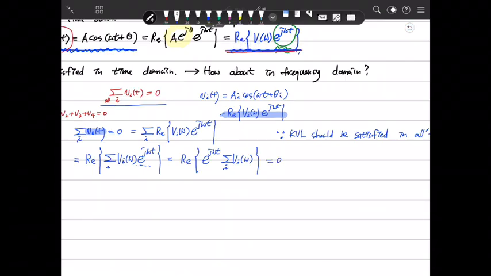Because this is a KVL, the sum should always be 0, whatever the value of t.